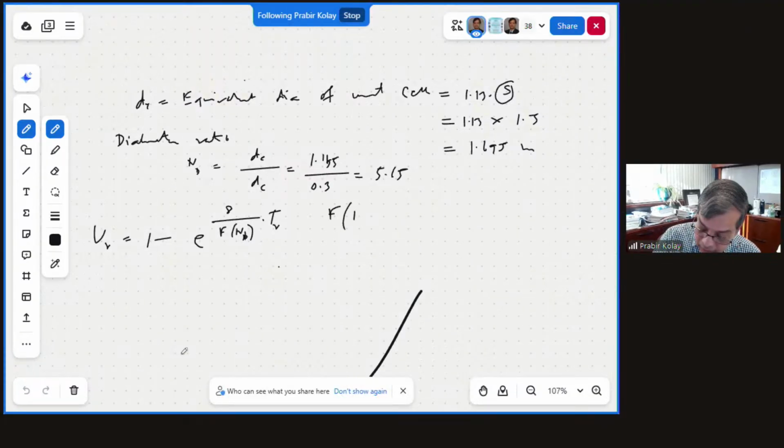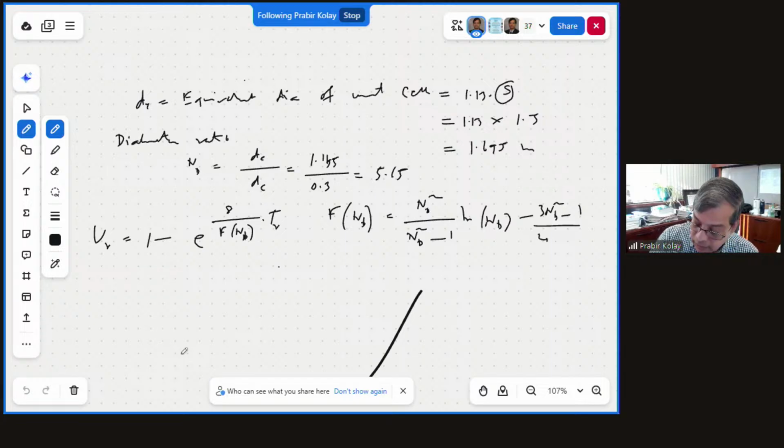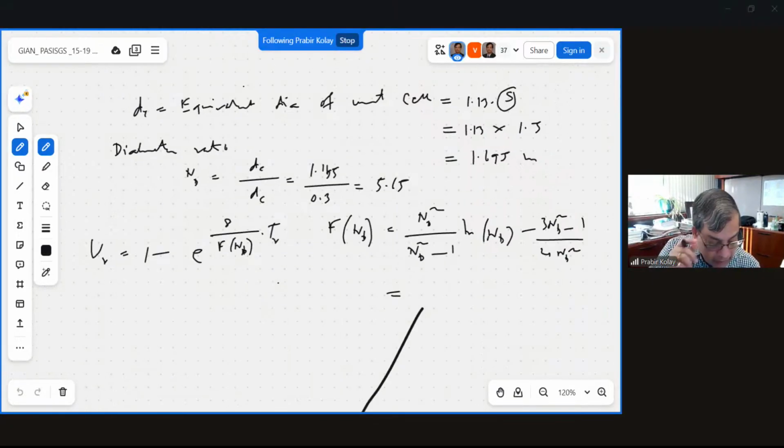F and D is given by this equation: ND squared divided by ND squared minus 1 times ln ND, minus 3 times ND squared minus 1 divided by 4 times ND squared. So you can find out the value of F and D.